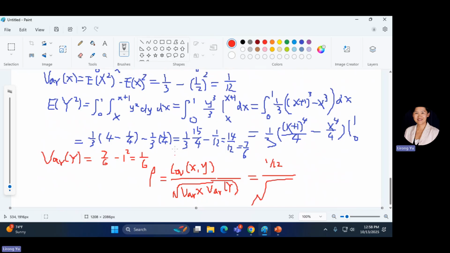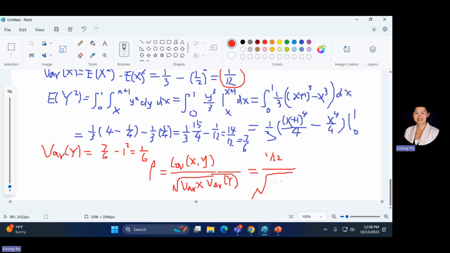The denominator is the root of their variances. The variance of x is 1/12, and the variance of y is 1/6, right? And then what is this exactly? 1/12 over root of 1/12 is root of 1/12. So we have root of 1/12 divided by root of 1/6, which is root of 1/2, which will be root 2/2. So that's their correlation. So they have a positive correlation.